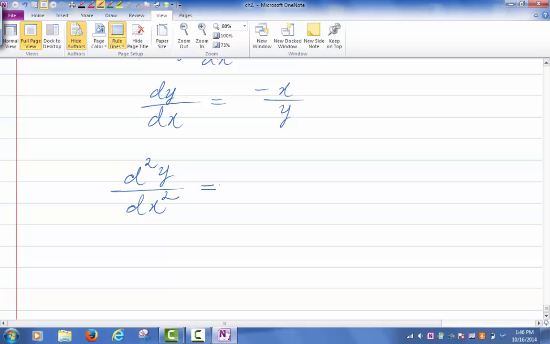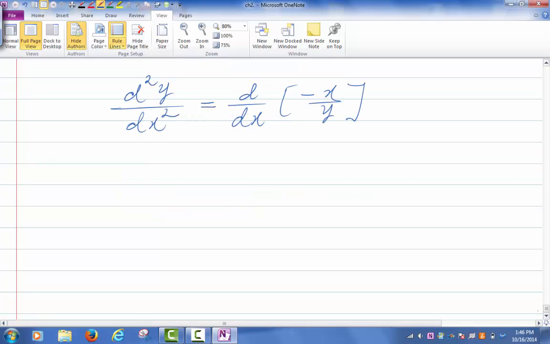Well, the second derivative is the derivative of the derivative function, right? So the derivative is given by negative x over y. So you have to take the derivative of that. How would you take that derivative?